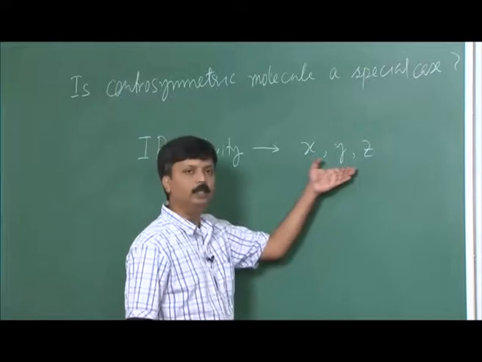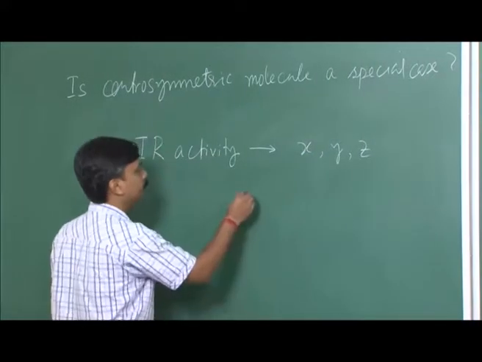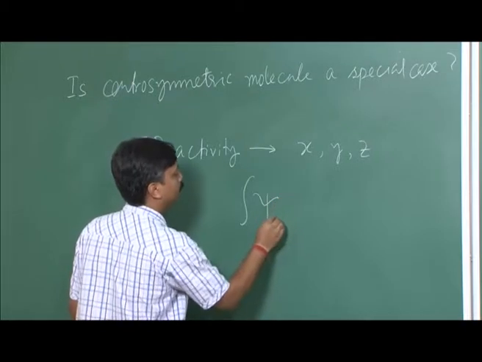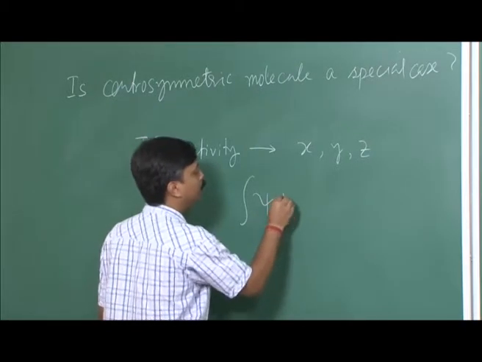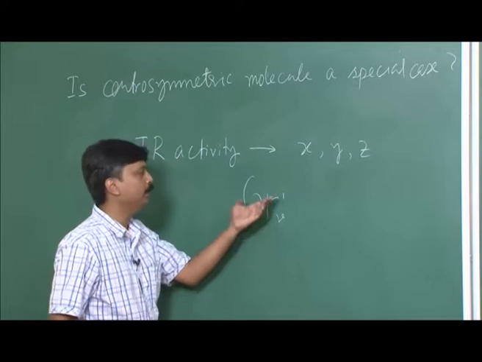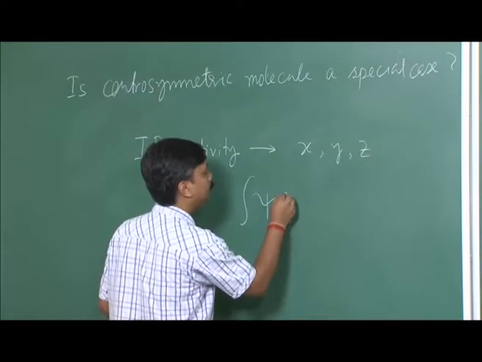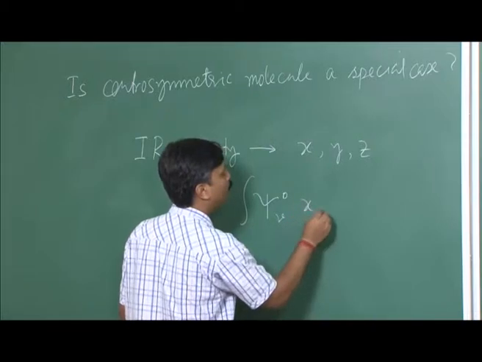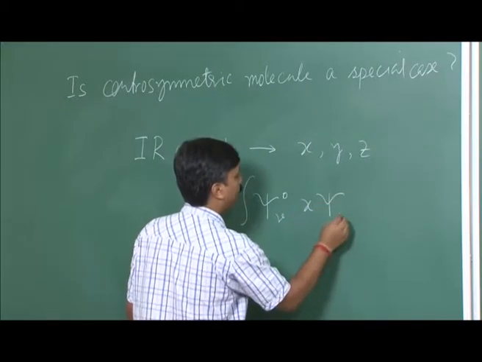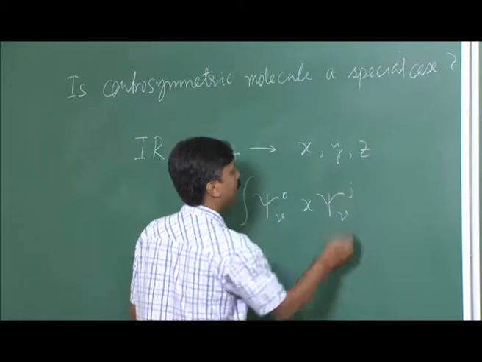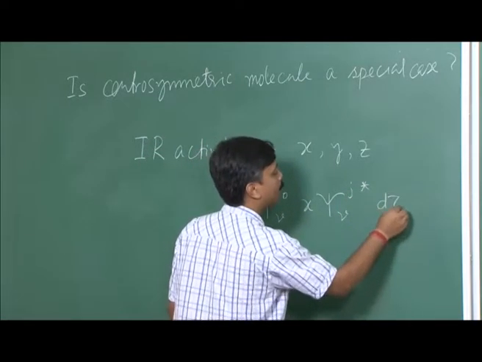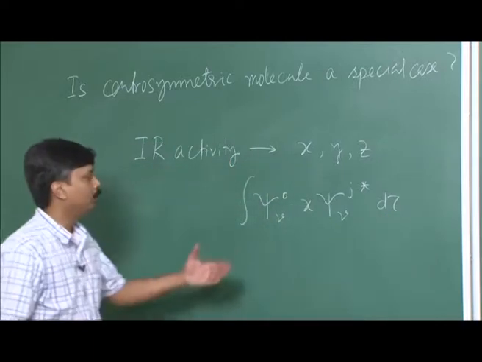This is the condition, because we have seen the transition moment integral is like psi v, which corresponds to the 0th vibrational level, then either x or y or z, and then psi 0.